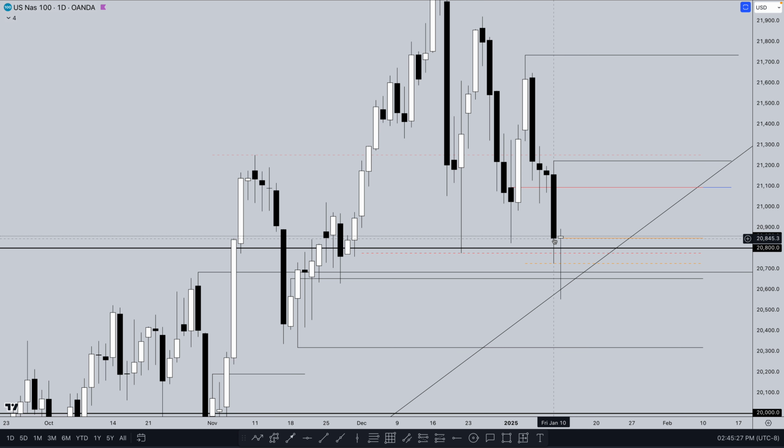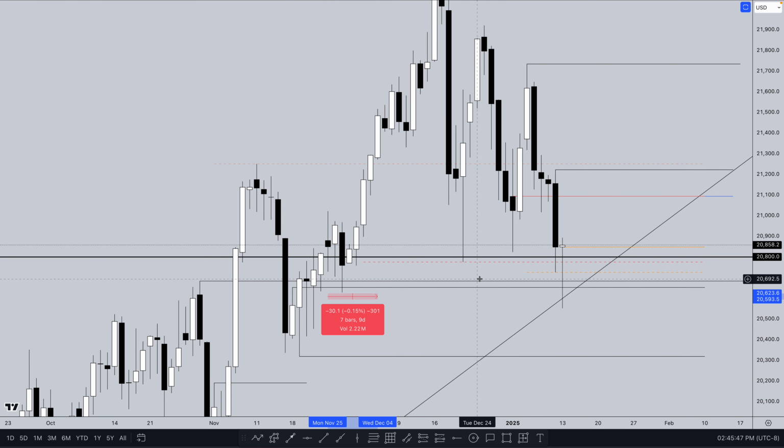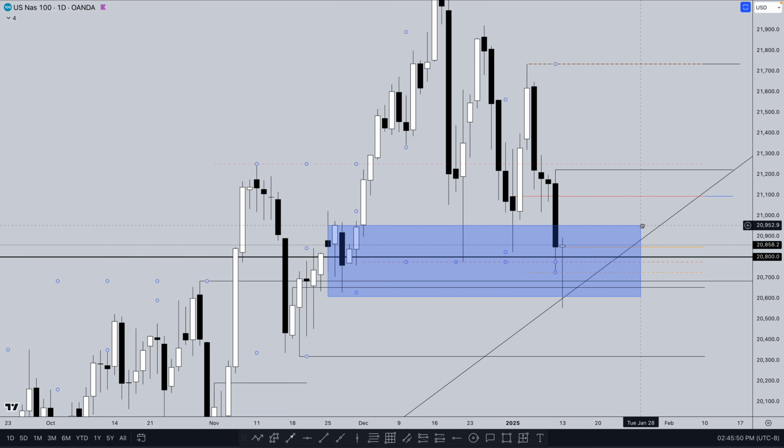But you see how we closed and we didn't really break beneath these or these. We just swept it. Same thing with this one. We swept these lows. This is the previous week low, previous month, and then these count as well. We didn't hit this one on the daily, but this one was swept. So that's all money.